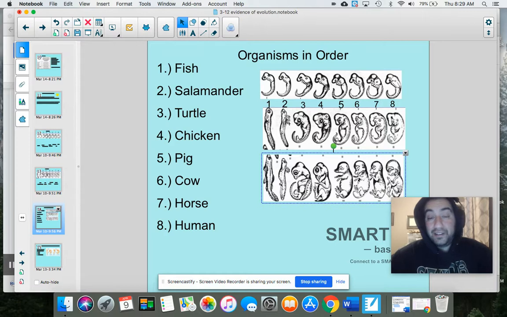You could even say that the early stages of a chicken, number 4, compared to number 8, look very similar to a human. Number 4 is a chicken. Number 8 is a human. Very similar. So this supports that all of the species listed here come from a common ancestor.